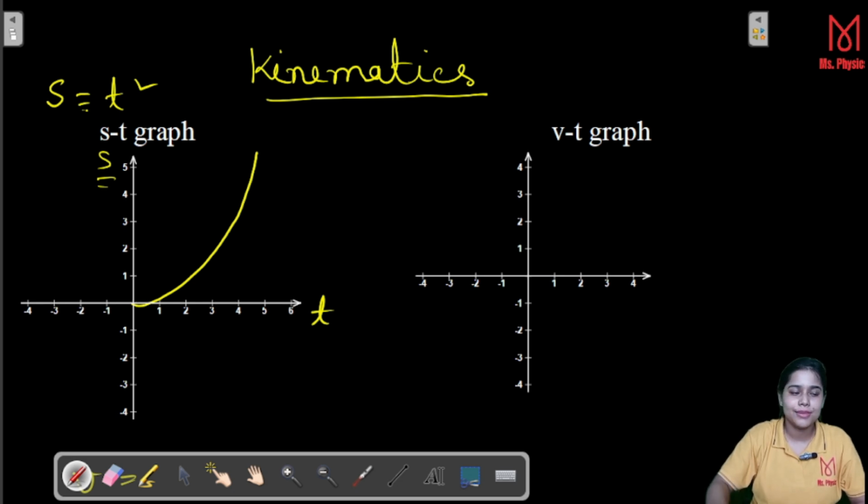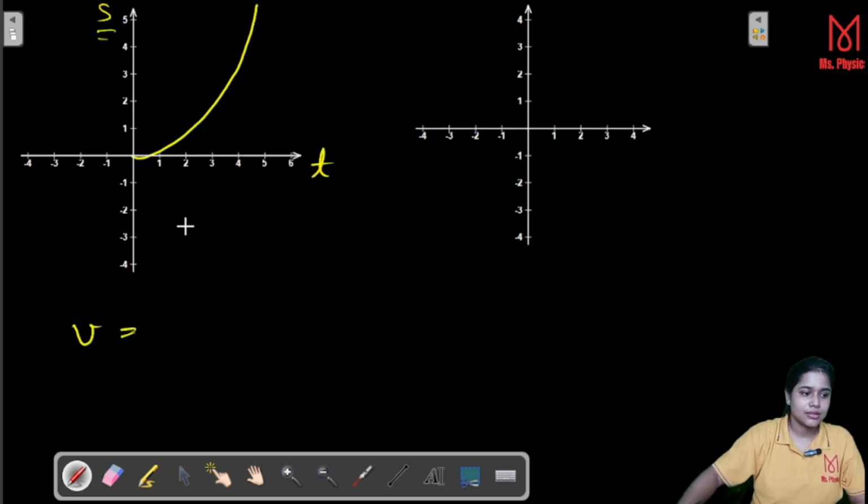Thus you can remember. Now, as I was telling, if we are asked to find out V, see that S and T are known to you. Then what is the relation between V, S and T?